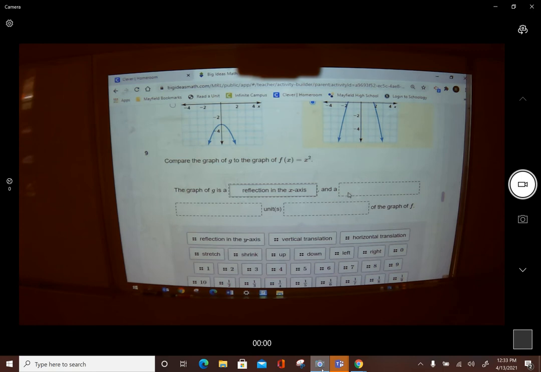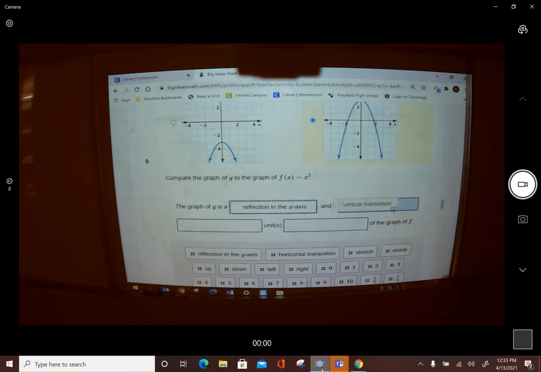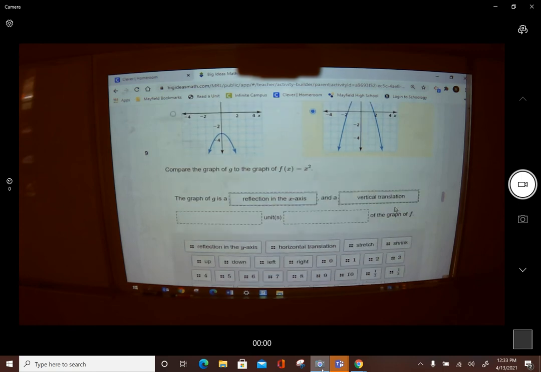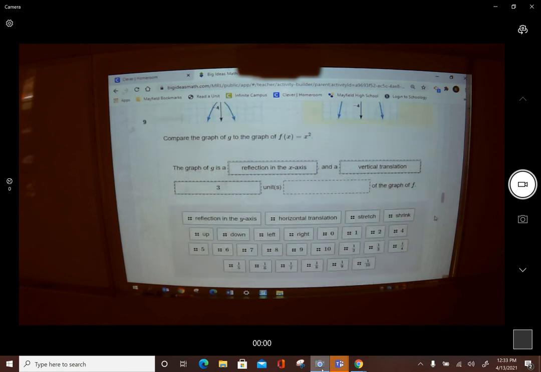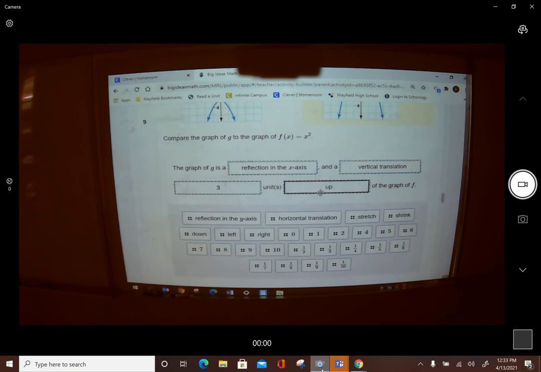And then we had a vertical translation because it went up, okay? And it went up 3 units up of the graph. Sorry, it took a second to find the word up.